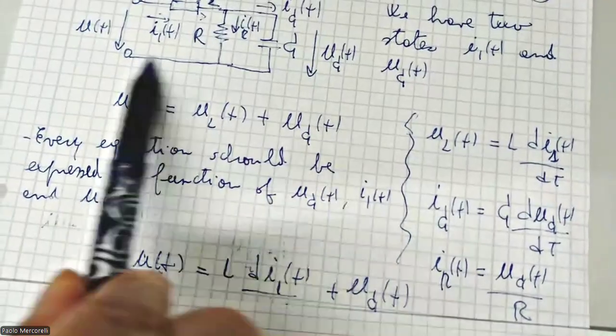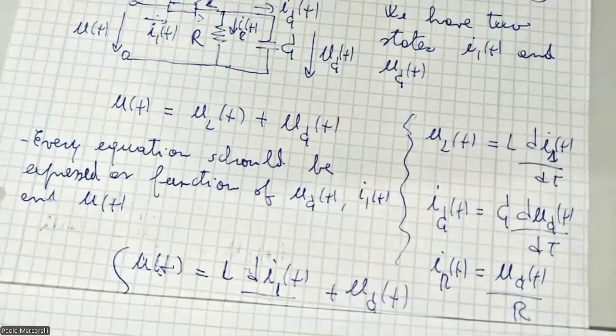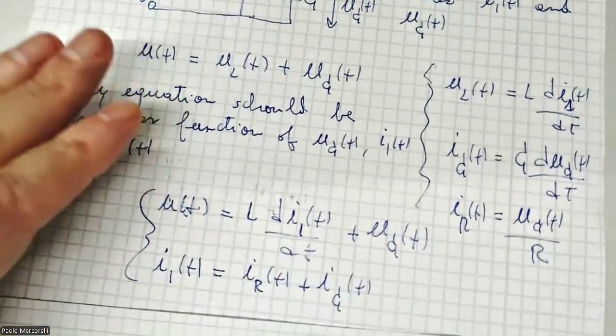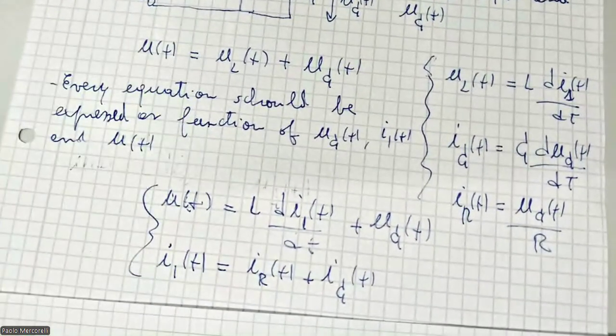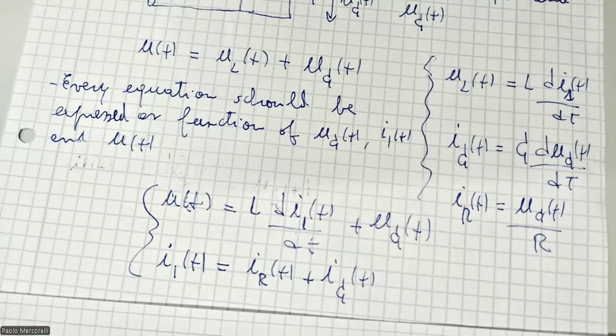Using this Kirchhoff law and these three structural equations, we can build these two equations, in which u(t), which is the input, can remain, because we look for two equations in which input and states should appear.